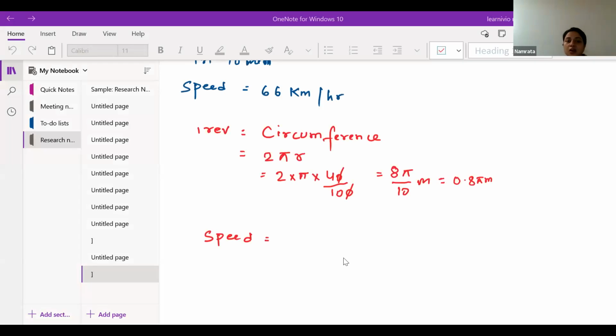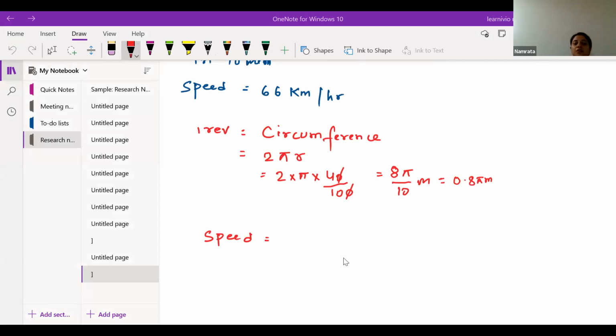Can you see the screen now? Yes, ma'am. So speed we know it's 66 kilometer per hour. Time is given in minute. Here the distance, the circumference we are having in meter. So let's convert it to meter. 66 kilometer means, can I write 66 into 1000 meter? 1 kilometer is equals to how many meters?